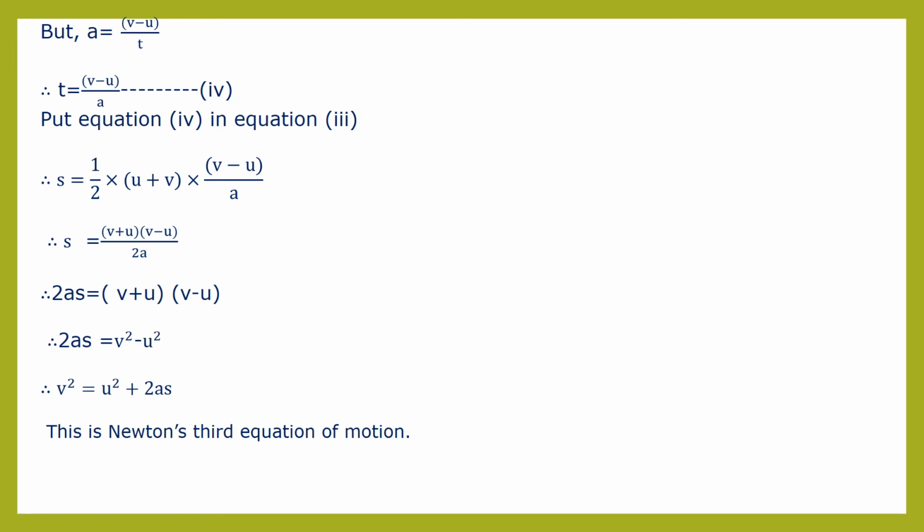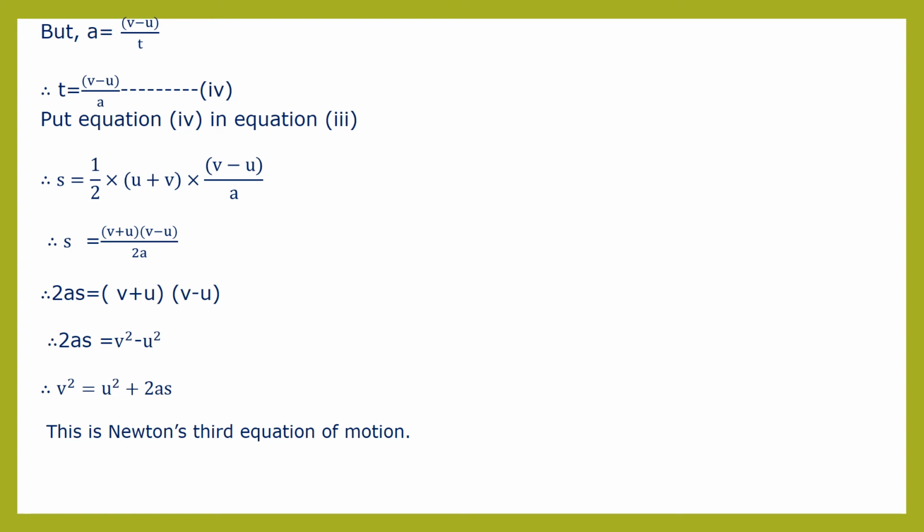So we have to put equation number 4 in equation 3. Therefore S is equal to half into U plus V into V minus U upon A. So S is equal to V plus U in one bracket and V minus U in another bracket, upon 2A. Now this 2A will go to the left hand side, therefore 2AS is equal to V plus U into V minus U. So 2AS is equal to V square minus U square.